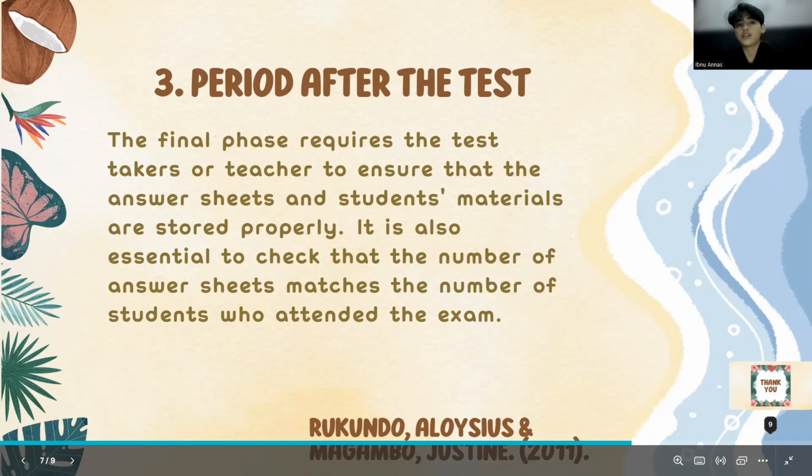Like key points number 4 and 5 before, after the test the teacher or test administrator must ensure that the students' answer sheets and materials are stored properly and saved safely. They also check the number of answer sheets and compare it with the number of students who attended the exam.